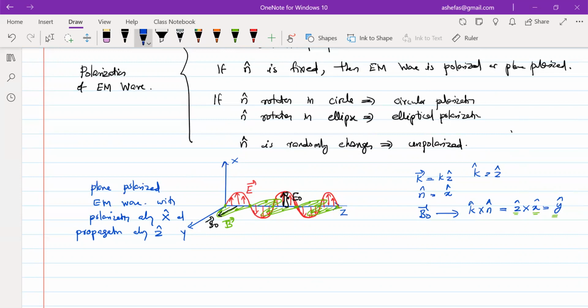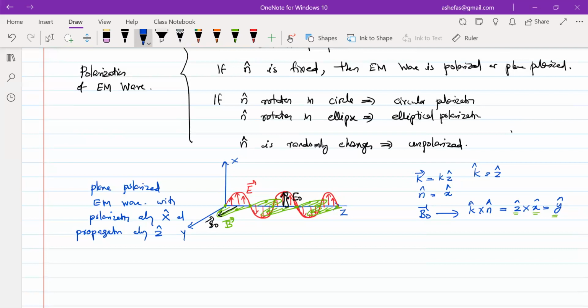Now when time goes on, if it is plane polarized, then the direction of the electric field does not change with time. But if it is unpolarized, then the direction of the electric field changes. Even it will not be along x direction for this entire distance.